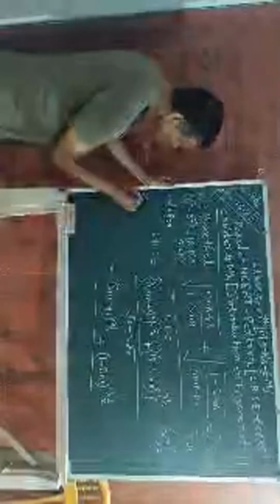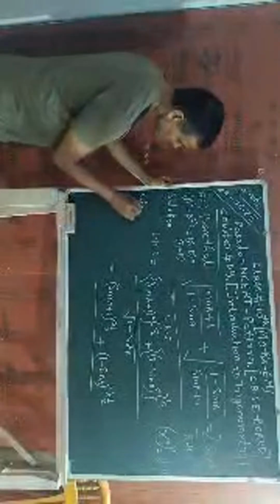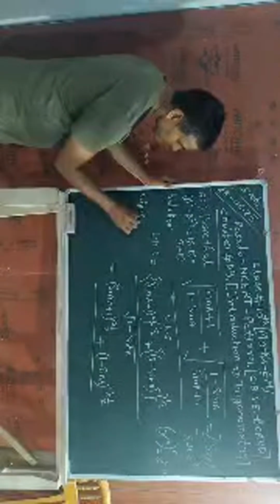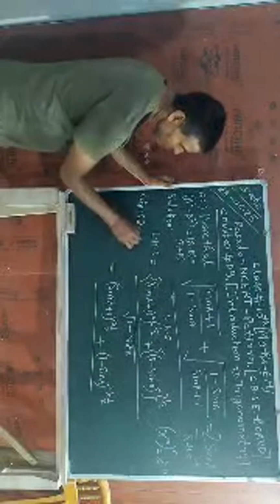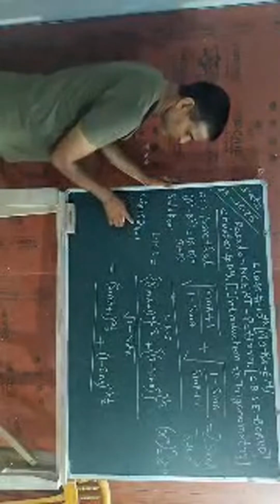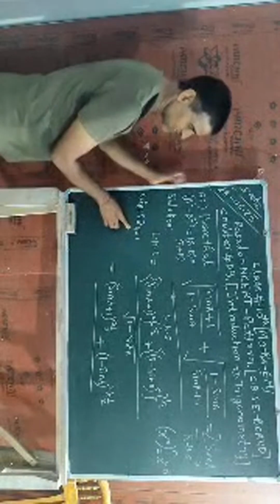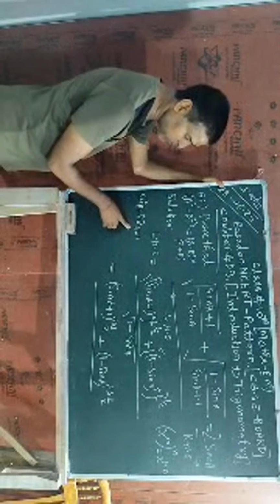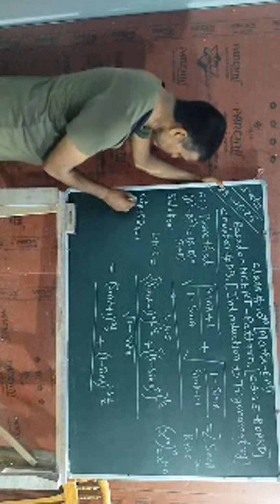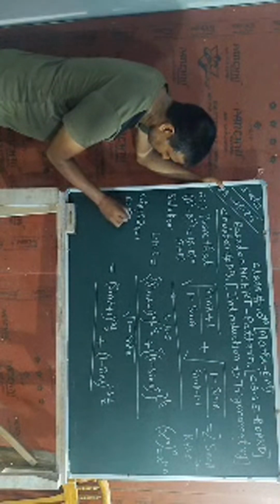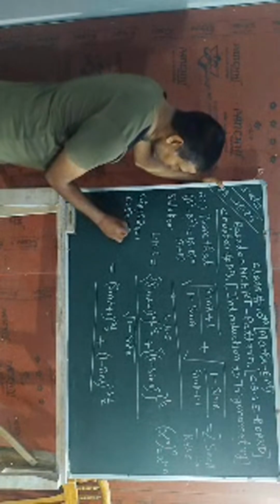Again, one identity I am going to tell you to understand properly, because cos square A plus sin square A is equal to 1. This is the first identity of trigonometry, and you have to remember it positively. Now here I will write cos square A, and this sin square A I will put on the right hand side.